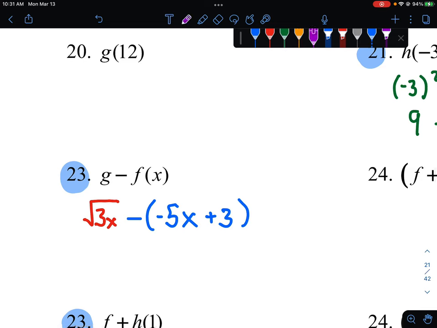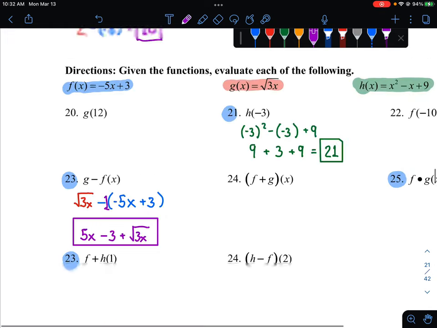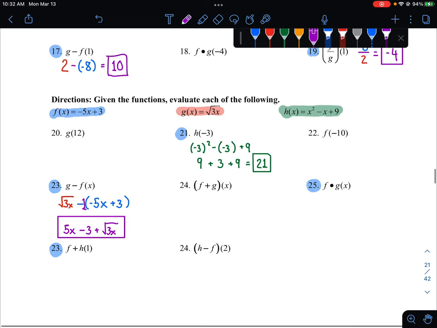I'm not plugging in a number. So this is going to look really odd, but we're going to end up with positive 5x plus 3 plus root 3x. The order isn't really that important here. You're just combining those things. Oops, and I should fix my sign here. That should be a minus 3 because we're subtracting, right? This is like distributing a negative 1. So combine like terms where you can.